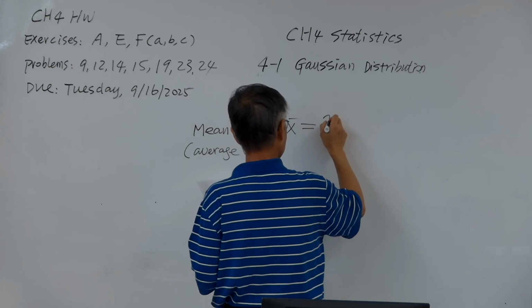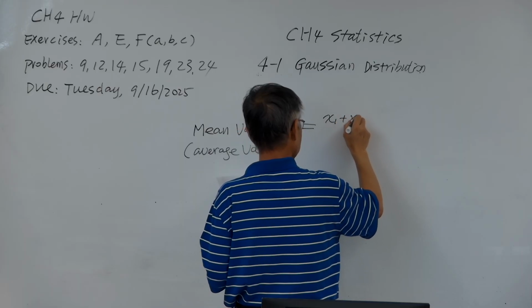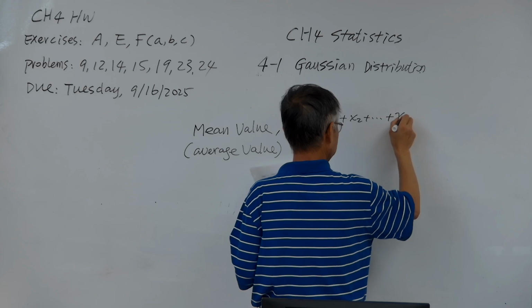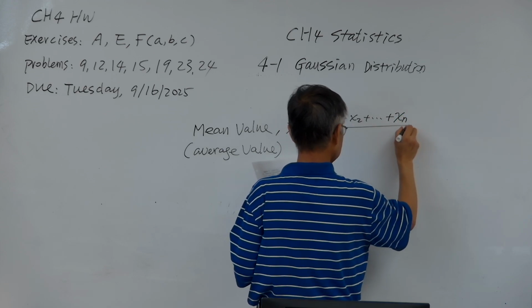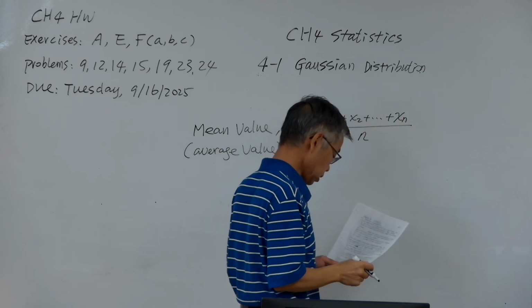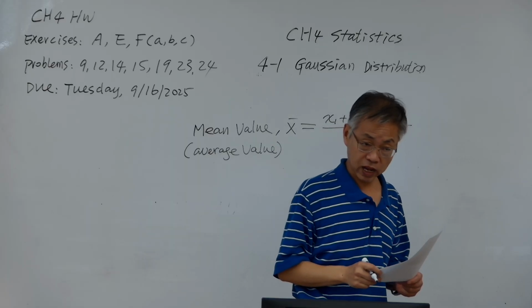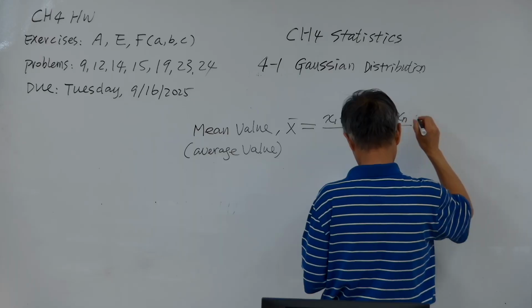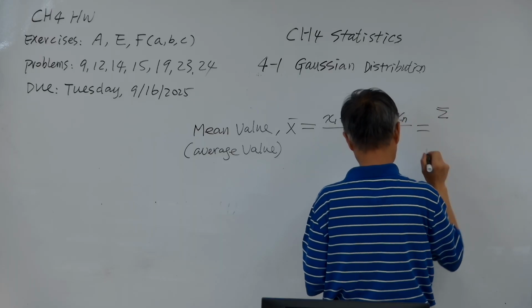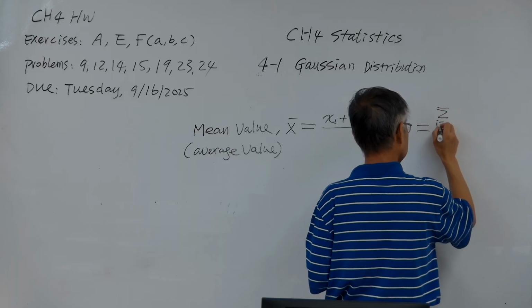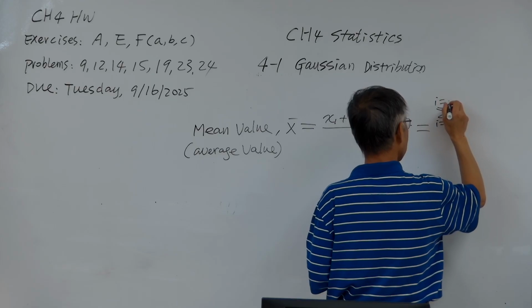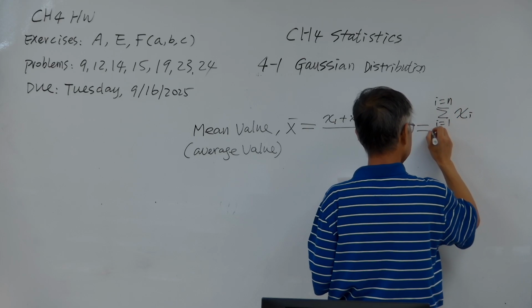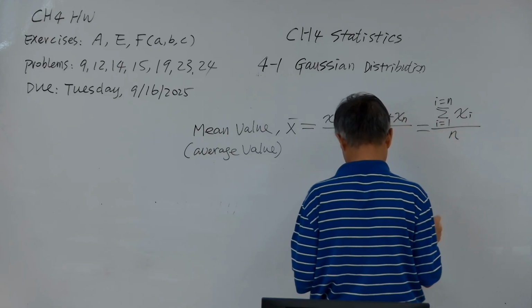X bar comes from x1 plus x2 up to whatever you repeat, xn, divided by the number of times you repeat. Mathematically, we can use sigma from 1 to n of xi, divided by n.